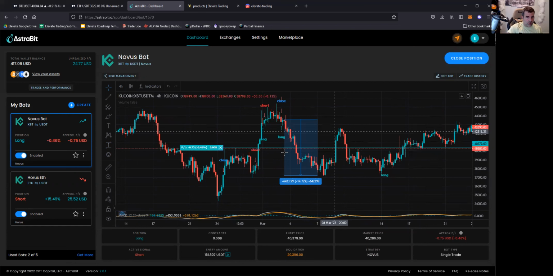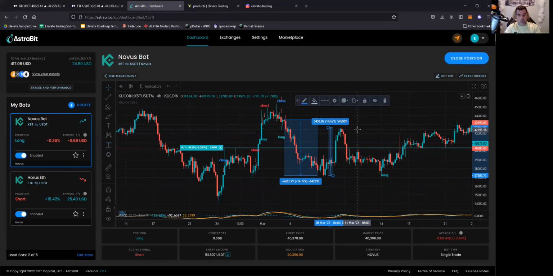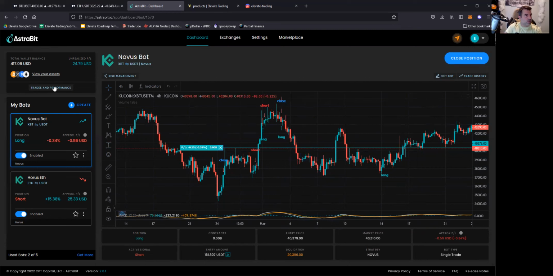Now, this bounce here was about 14%. So we were almost at break even. However, the bot itself, the indicator settings, did not trigger a long. If you are a price action trader, you would know that this was a bearish retest.